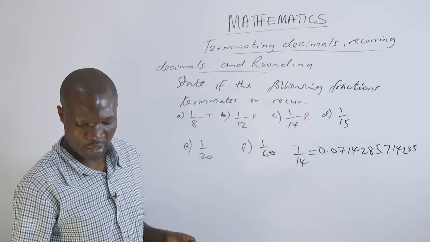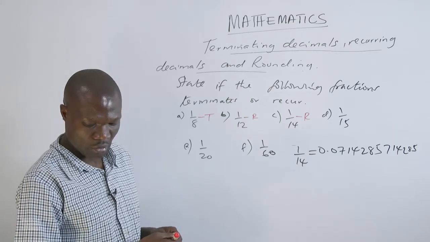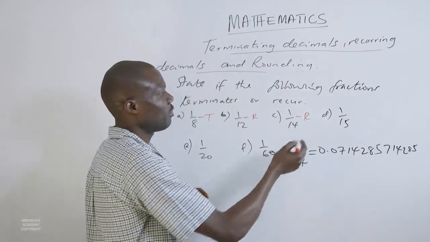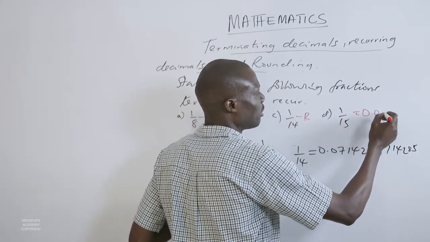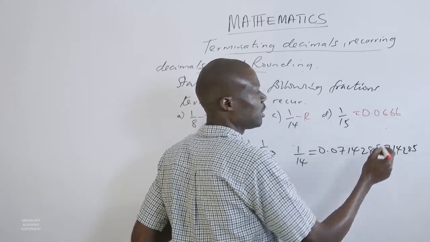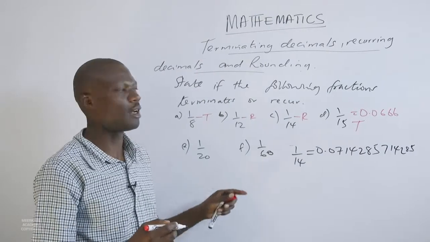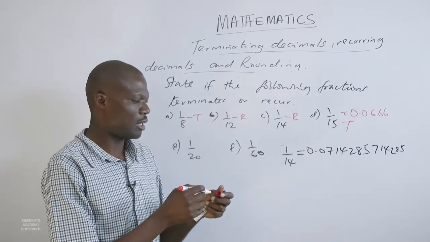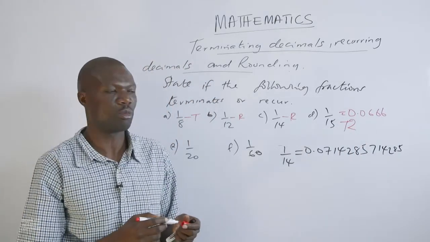How about 1 over 15? 1 over 15 will give us 0.0666 recurring. So this is not a terminating, but a recurring decimal.